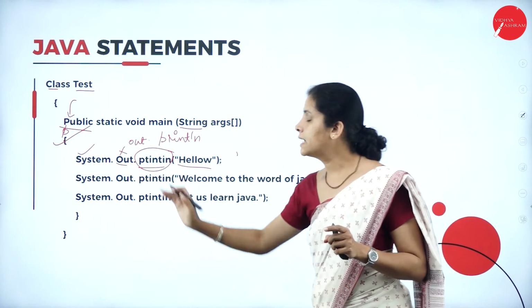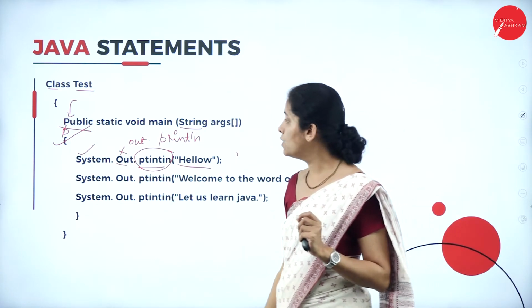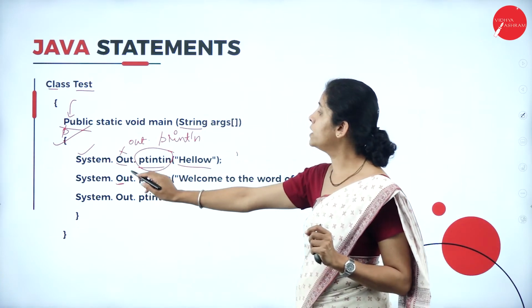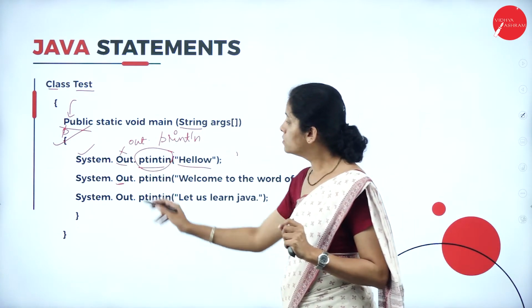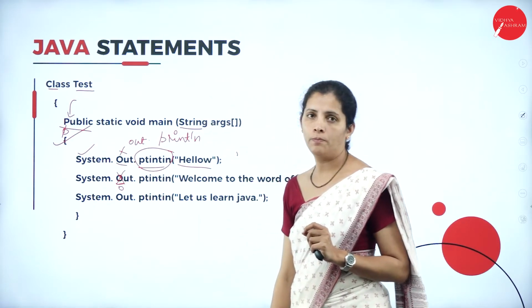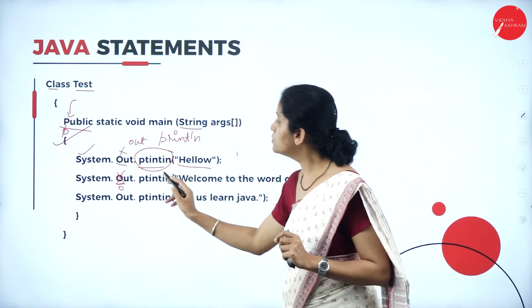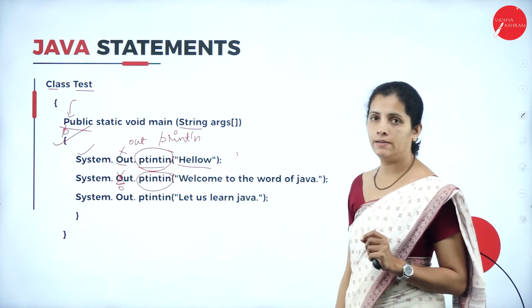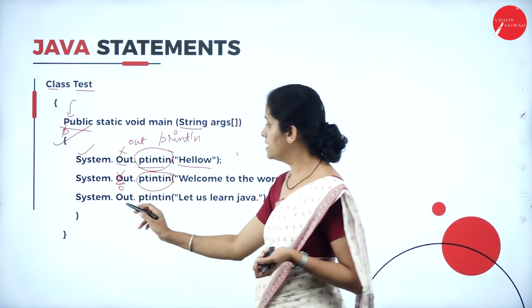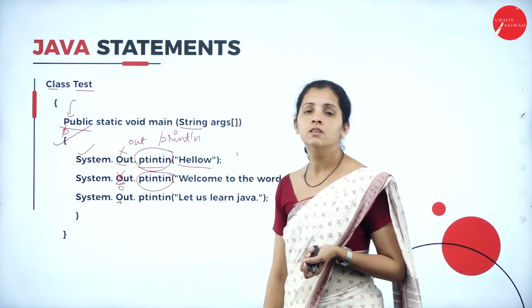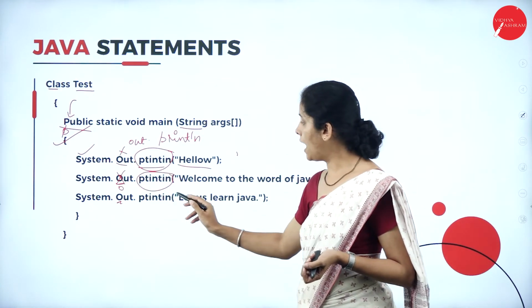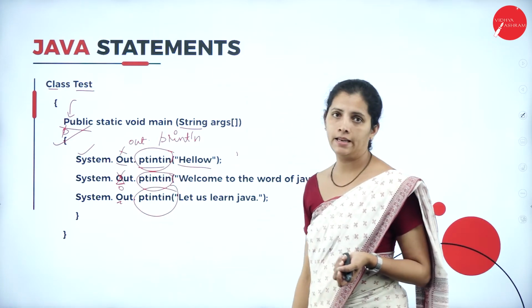If I consider my second statement, once again I'm going to get the error because O is capital letter, so I want to write small letter o. Here it is println. And for my third line, same error. See here, it is wrong. I want to use small letter o and it is println.